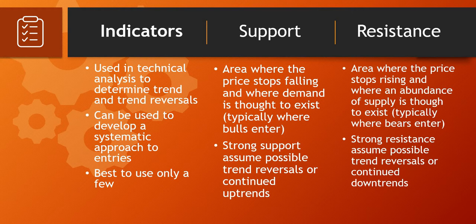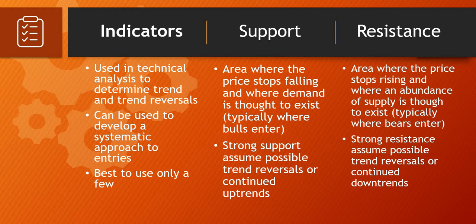Support is the area where the price stops falling and where demand is thought to exist, typically where bulls enter. Support assumes possible trend reversals or continued uptrends. Support is where the smart people enter.